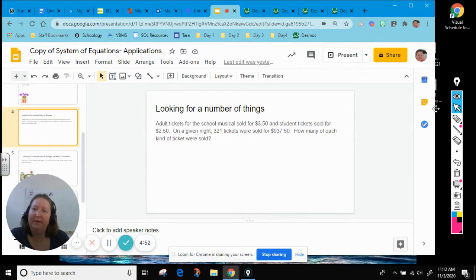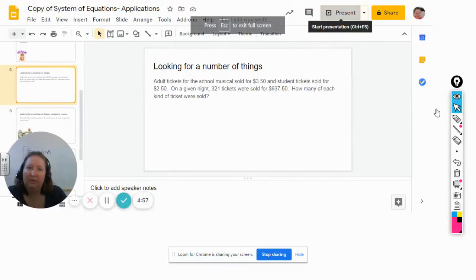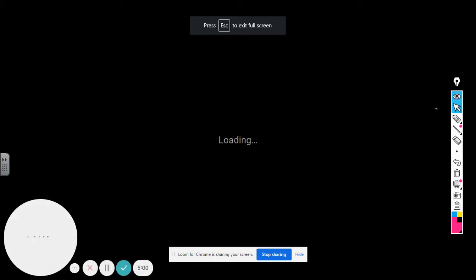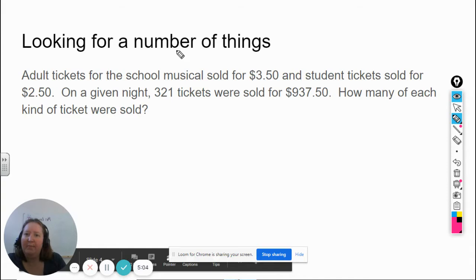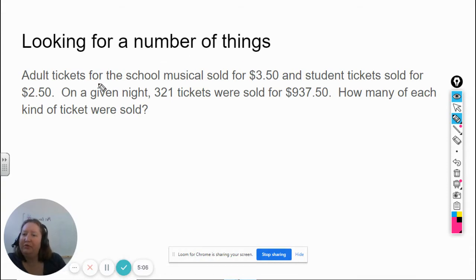Now we are talking about some tickets, and I feel like this needs to be bigger. So we are talking about a number of things. Adult tickets for a school musical cost $350. Student tickets sold for $250. On a given night, 321 tickets were sold for this amount of money.